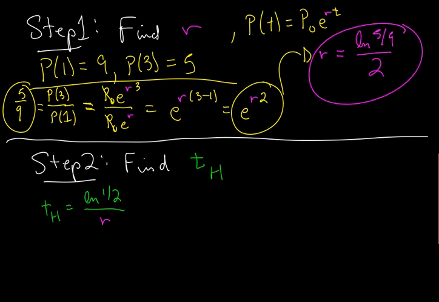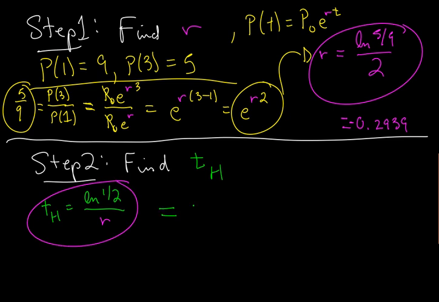When you plug that into your calculator, you'll actually get negative 0.2939. Okay, so there you go. We have the R. What's the last step? Just plug it into this formula for the half-life. So look what we get.